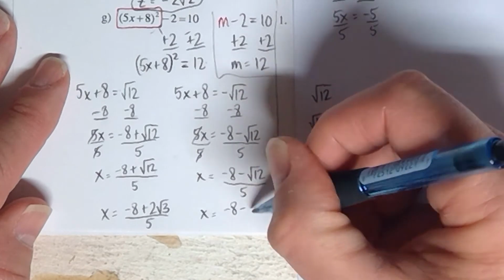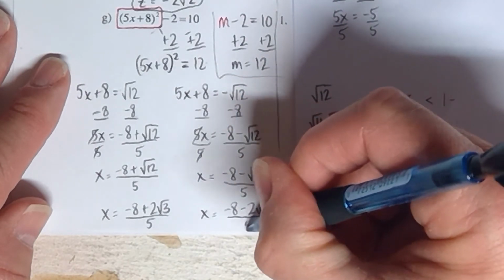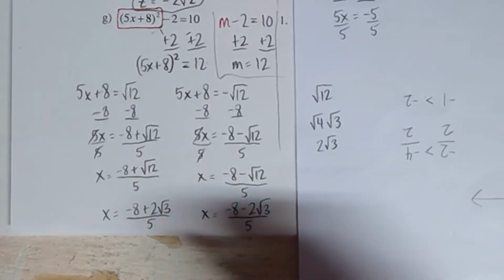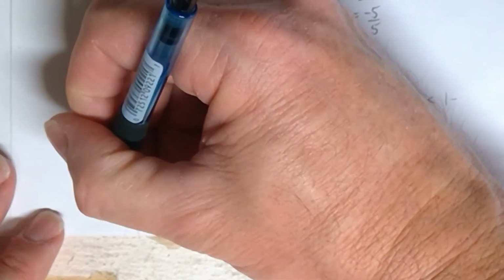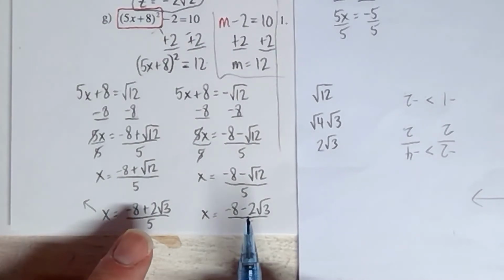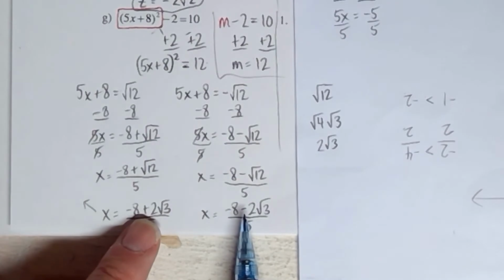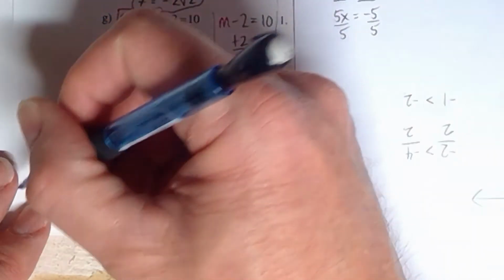So let me get that in there. There we go. And then the last thing we do after we simplify the radical is we condense our answer, right? So notice again, just like in the last problem, the two answers look identical except for something different in the middle of the numerator, don't they? A plus here and a minus here. So what can we do?